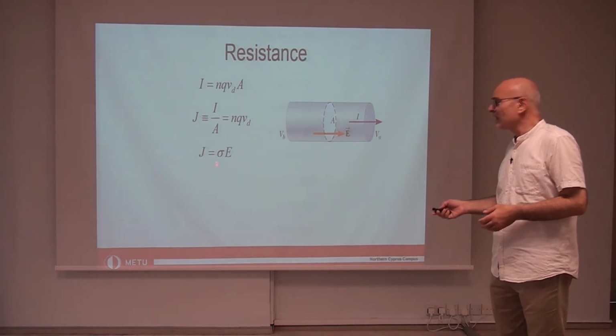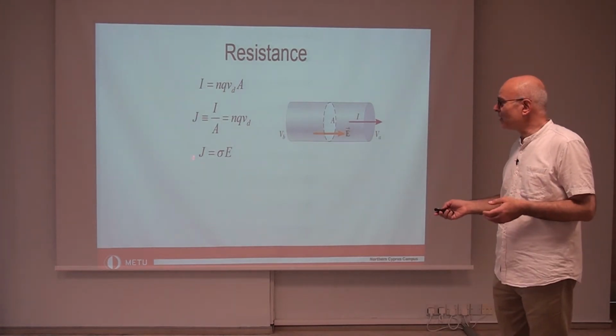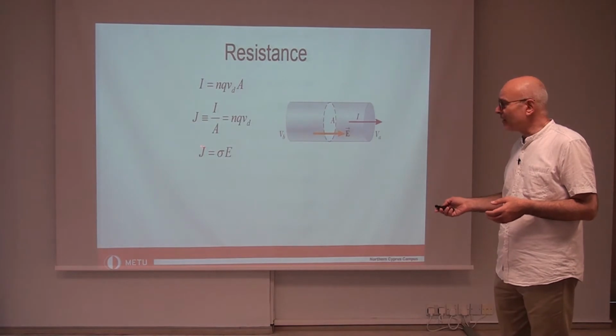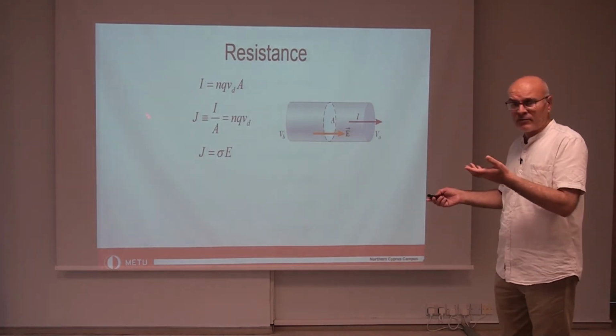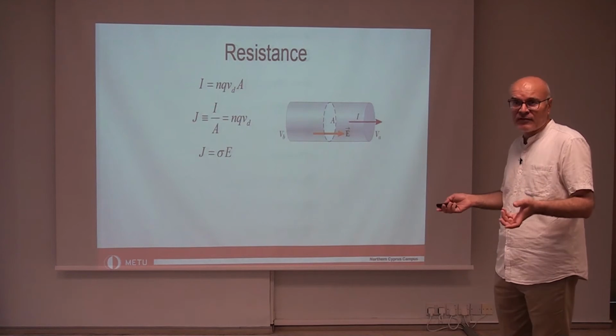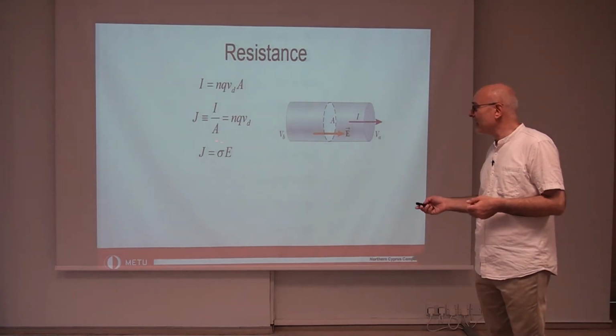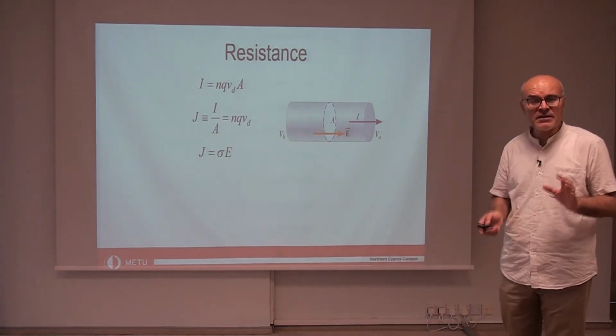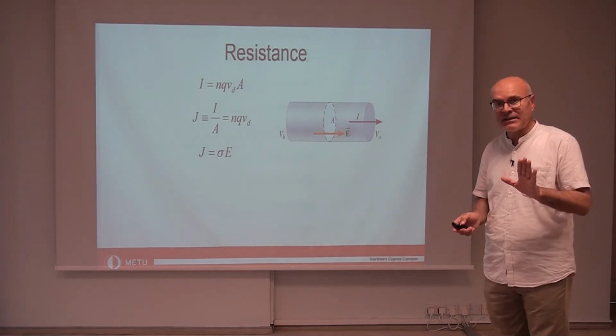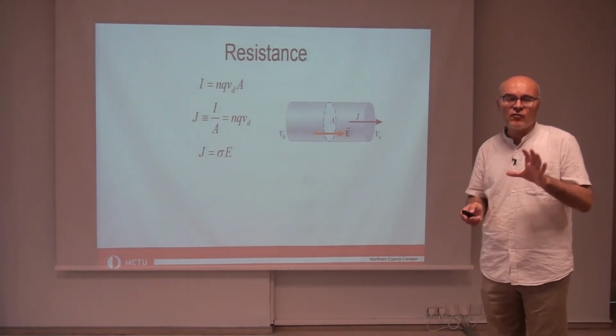And therefore, it makes sense to assume that the current density that is generated, and so the current also, is proportional to the electric field that you have applied, okay? This is a general expression, valid for any material and not necessarily for conductors.